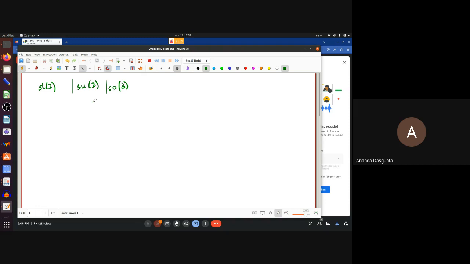Now, the reason why I'm going to do it slightly differently is twofold. One is because it can be done, and the other, more important one, is the standard method that uses J plus minus, J3 and J square, and uses the fact that J square commutes with J plus, J3 as well as J plus minus.